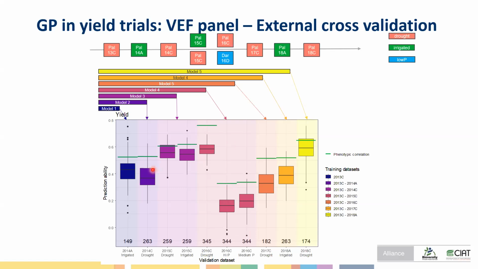It's interesting to see the drop in prediction ability when you try to predict one location with another different location.